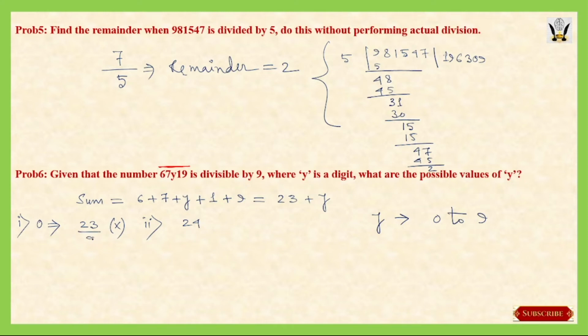When we divide 24 by 9, it will not be completely divisible, it will have a remainder. Then the next value that y can have is 2. So 23 plus 2 is 25. 25 is not divisible by 9. Similarly, we will assess the other values that y can have.